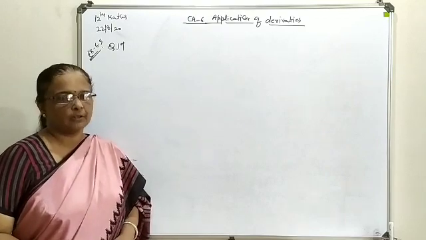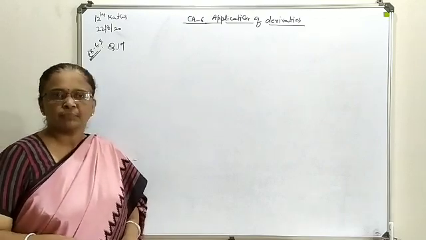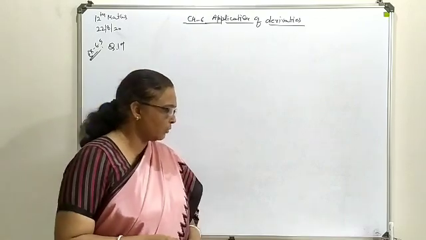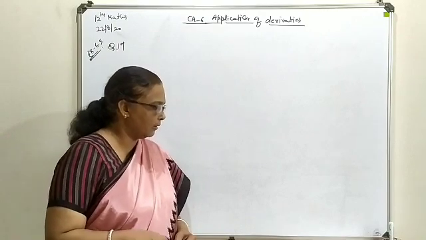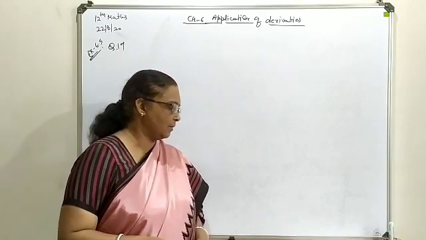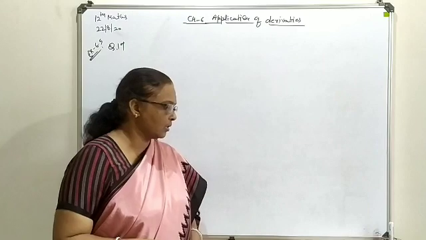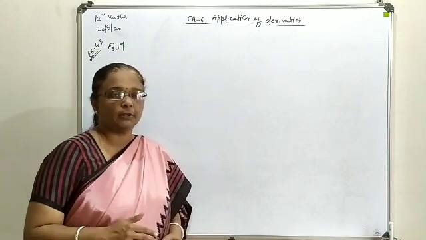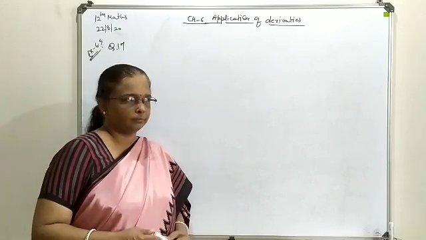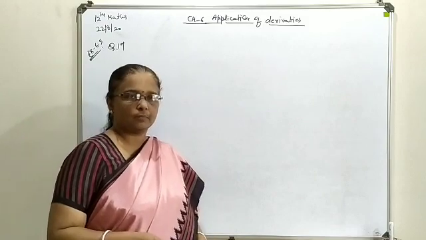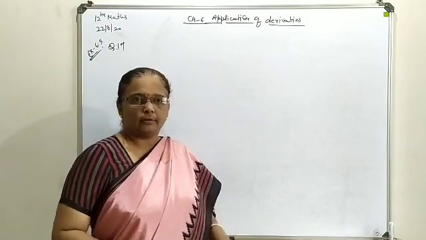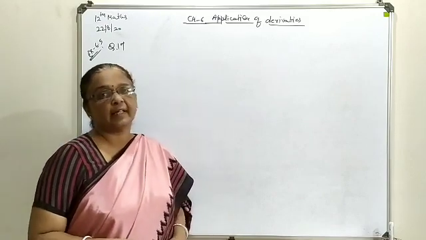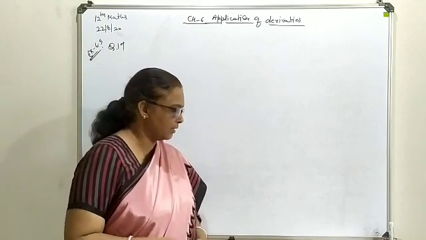So let's start with question number 17: a square piece of tin of side 18 centimeter is made into a box without top, means it is open from the top. So we have a sheet of side length 18 centimeter.